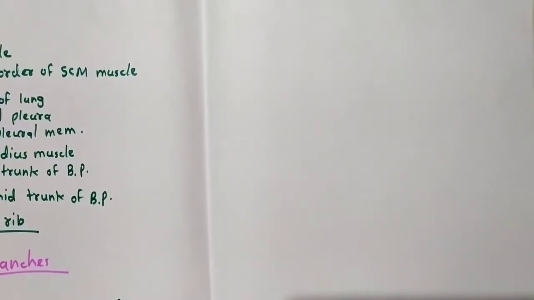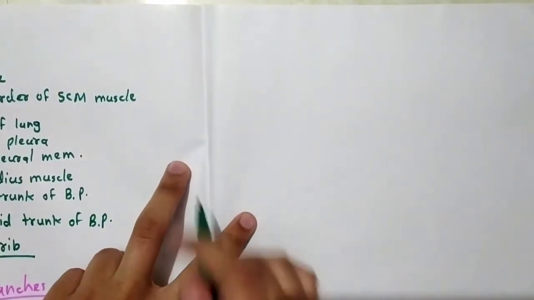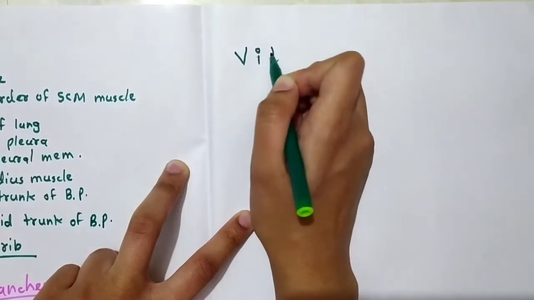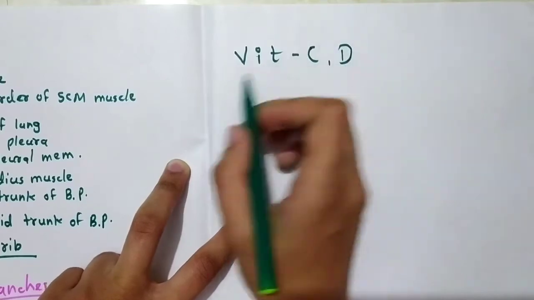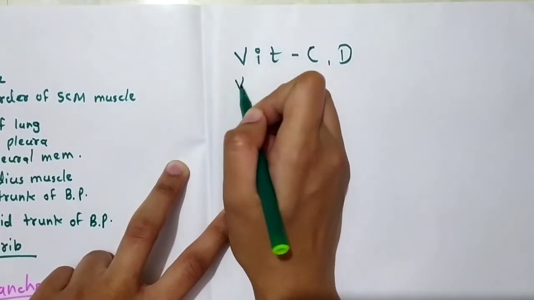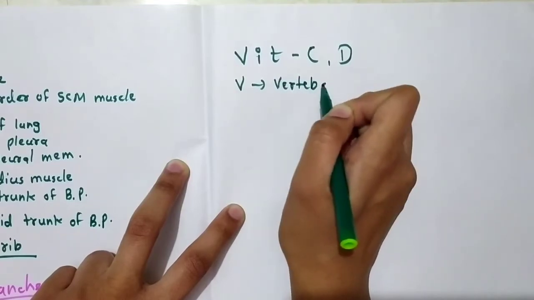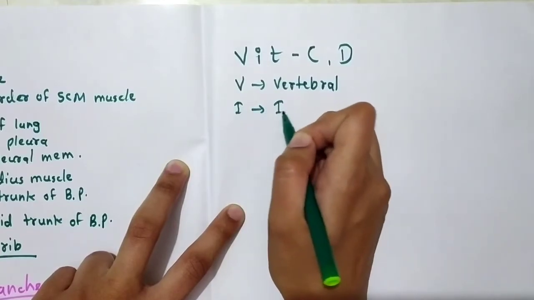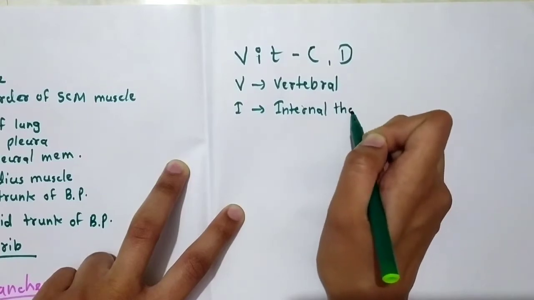Now I'll tell you a mnemonic, which is vitamin C and D. From V there is the vertebral artery. From I there is the internal thoracic.